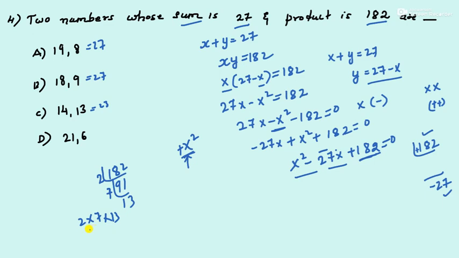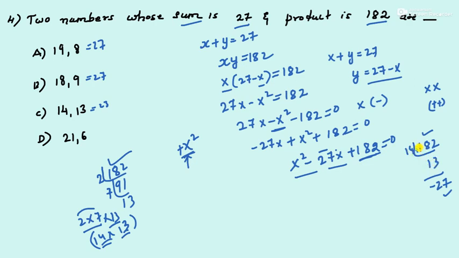Here you can take any two numbers, like 7 twos are 14 into 13. Okay, now you have to see, if you are multiplying 14 into 13, are you getting 182? Yes, you will get. Now when you subtract 14 and 13 or add 14 and 13, are you getting 27? Yes, you will get here. So the numbers are 14 and 13.